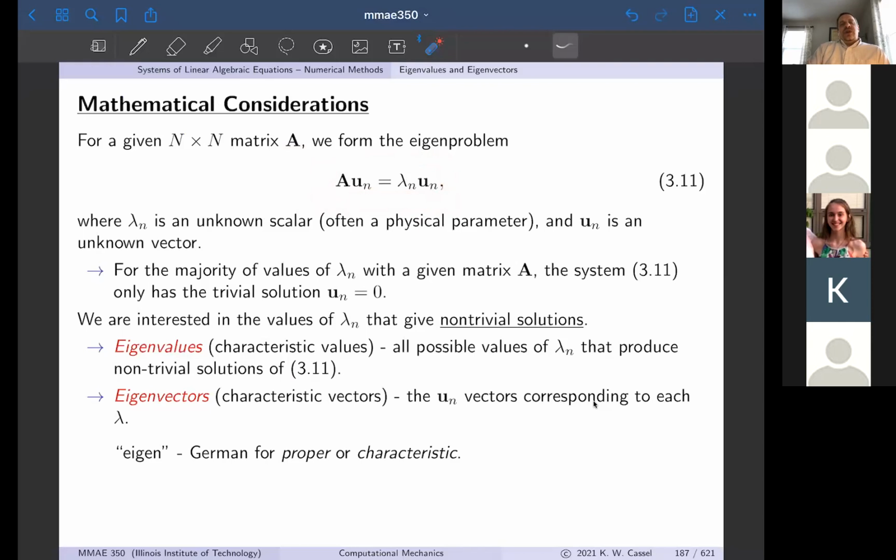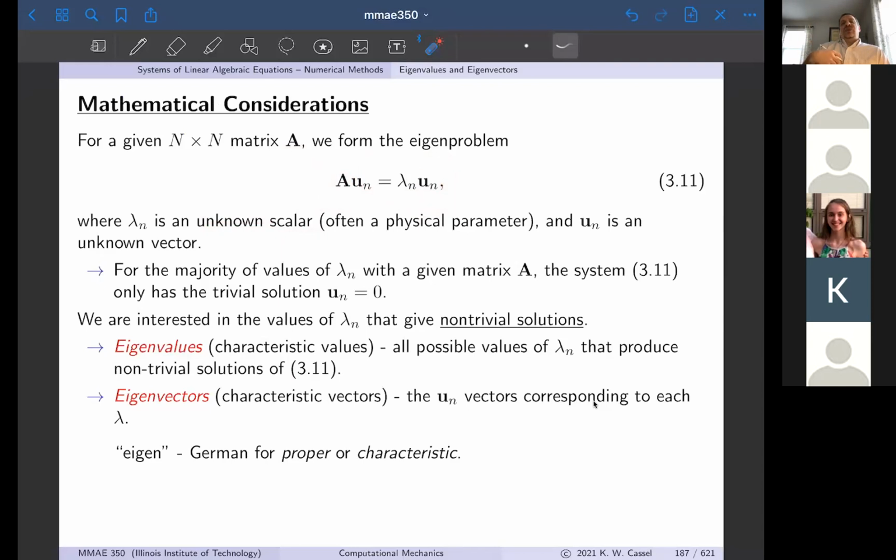Now, I'll give you a very clear geometric interpretation of this on the next slide, so that'll be very obvious. And we'll contrast it to the AU equals B situation. But right now, let's just define our terms. So again, A is the only thing that's known. Lambda is an unknown scalar. It usually has some physical meaning, has something to do with the principal stresses.